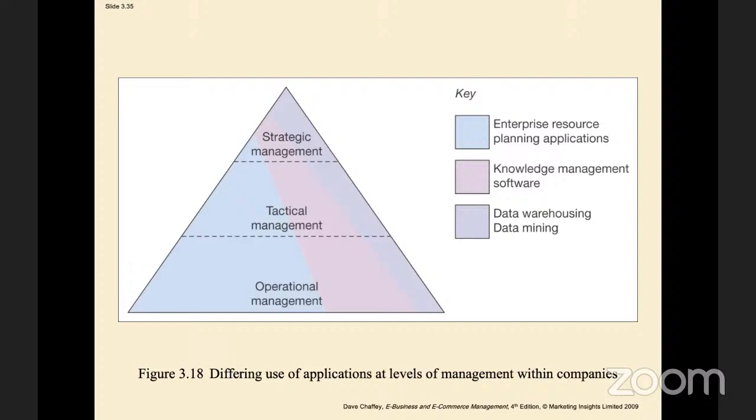So first of all, enterprise resource planning applications, then knowledge management software, then data warehousing, data mining. Now here are the three levels: strategic management level, tactical management level, and operation management level. So here are different colors showing how these applications are used at different management levels within the companies.